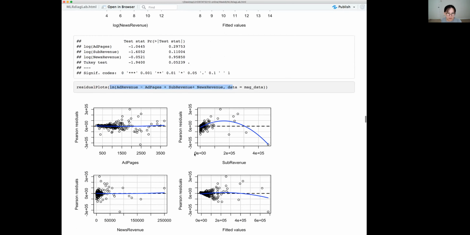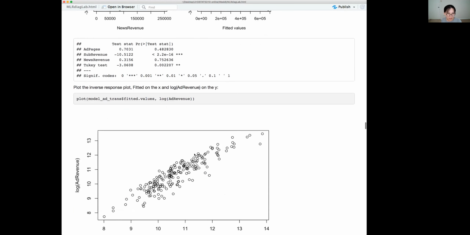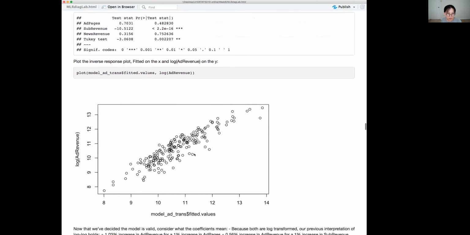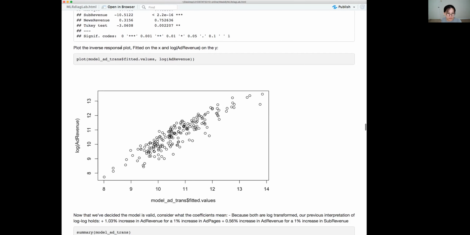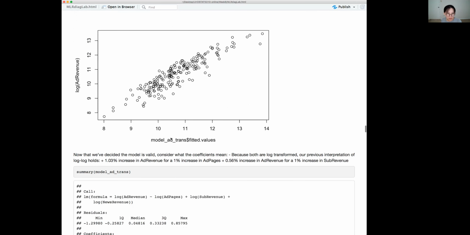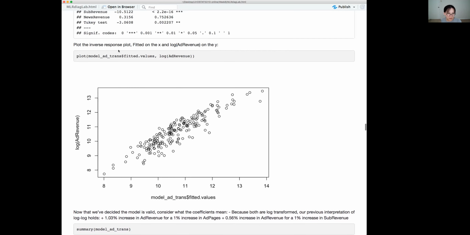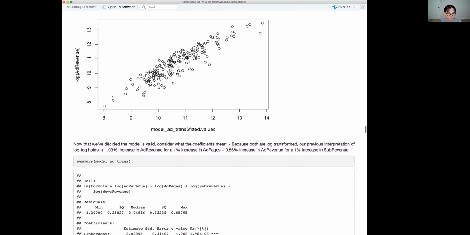That shows our transformation is working. And if we do our inverse response plot on the new, transformed model, it shows a clearly straight line. They're very much linear. It's an indicator that this is a very good model after the transformation.